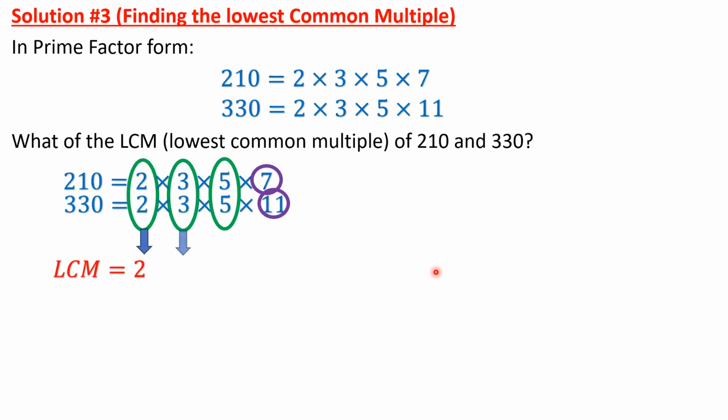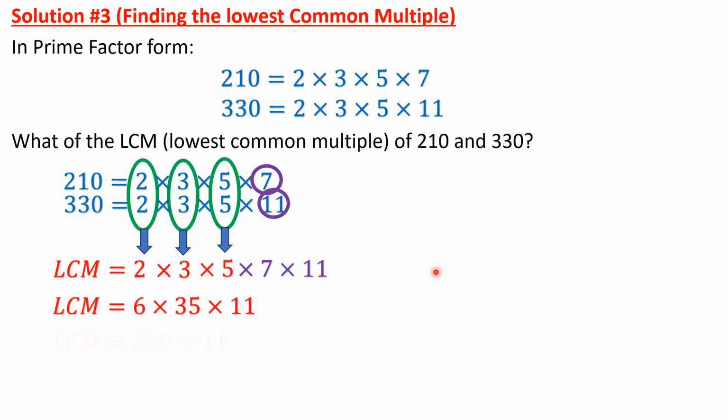Then you're going to multiply 2 times 3 times 5 times 7 times 11. And 2 times 3 is 6. 5 times 7 is 35. And then you bring down the 11 because it's by itself. Then 6 times 35 is 210. And then you bring down the 11, which would be 210 times 11, which would give you 2,310.